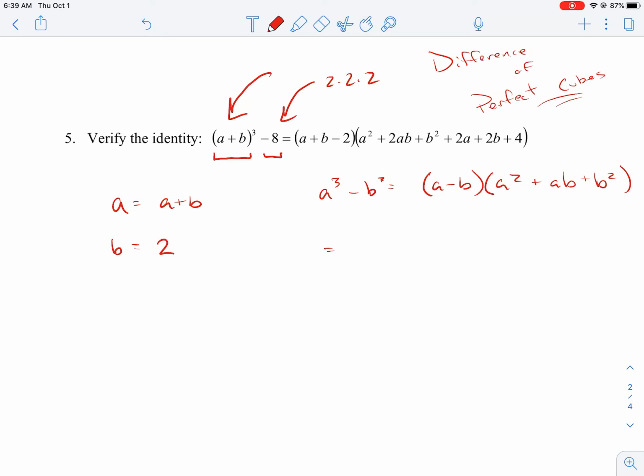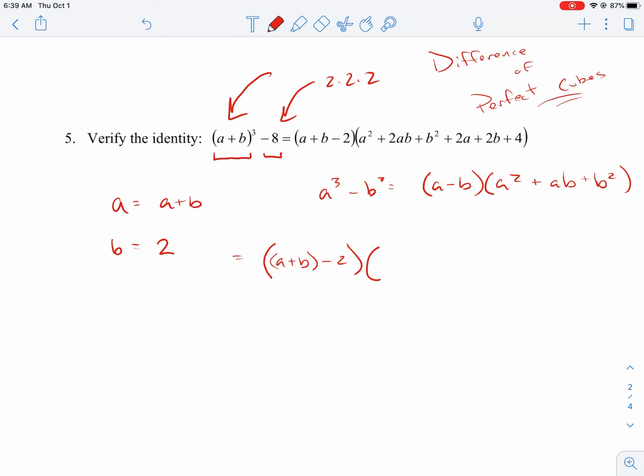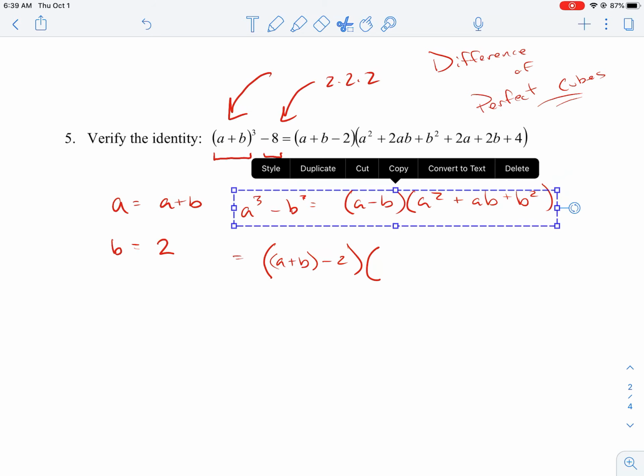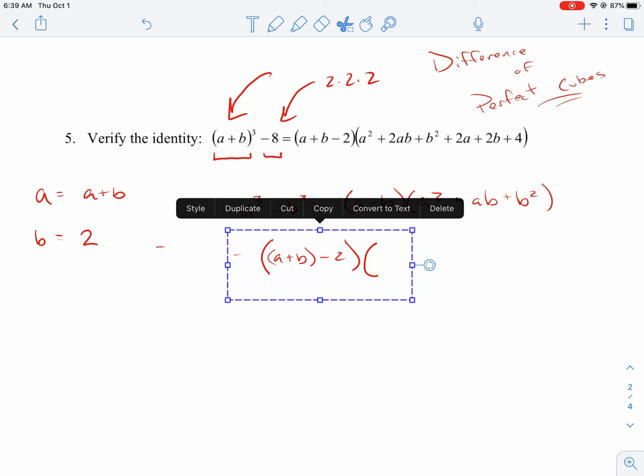So I'm going to say a plus b minus 2. I don't think I gave myself enough room. I better move this over. Move this over too. Okay, so let me actually, I'm sorry, I'm going to write this down here.